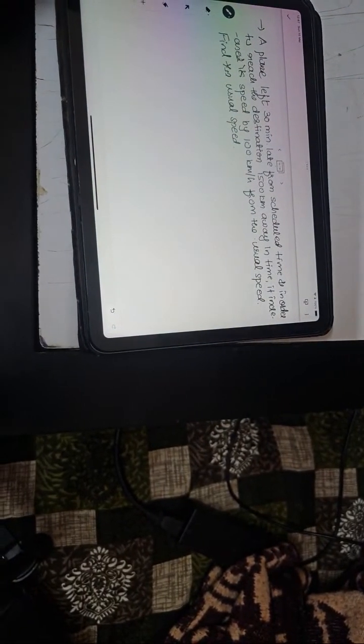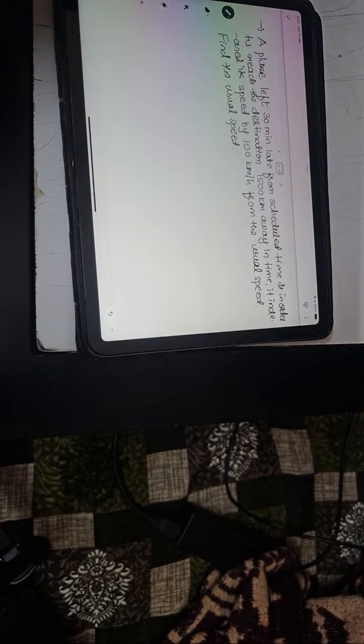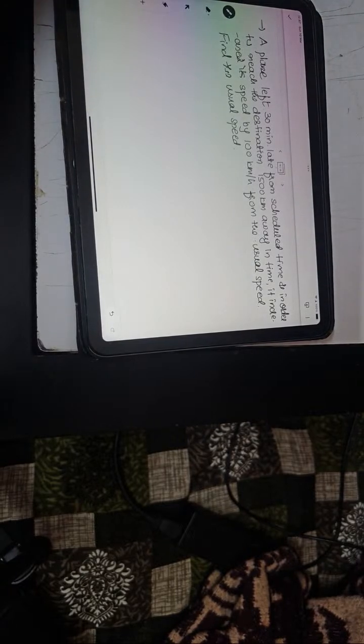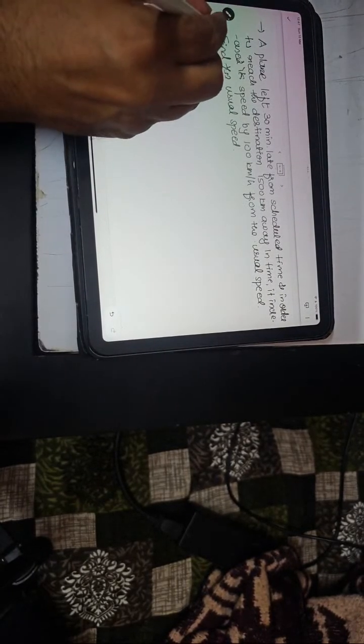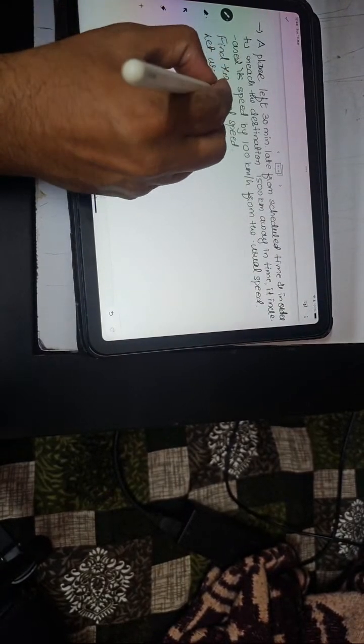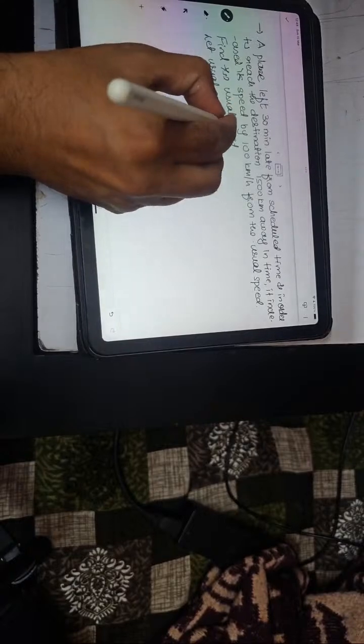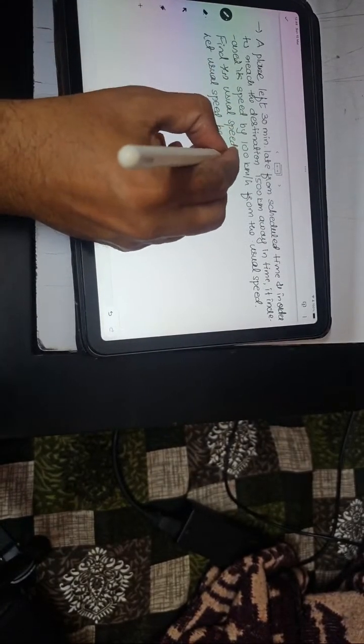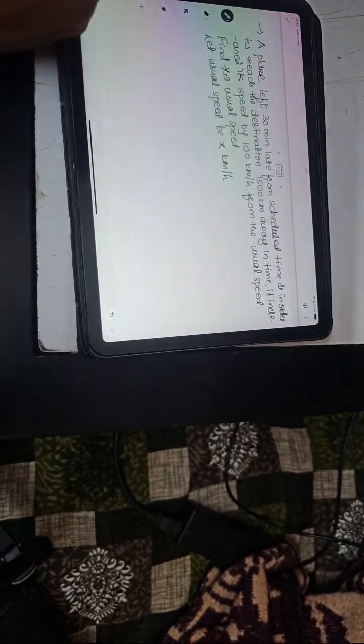So see, now it came x plus y and that one. I can say river and current pattern sums. So see, I don't know the usual speed, so let us suppose it as x. So let usual speed be x kilometer per hour.